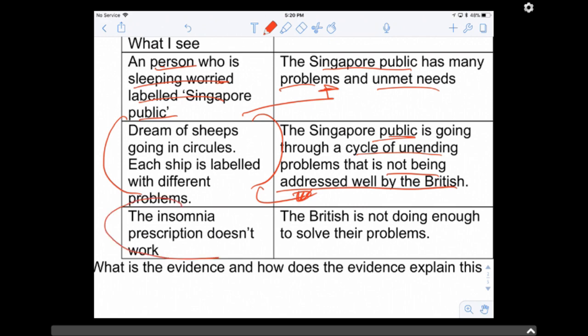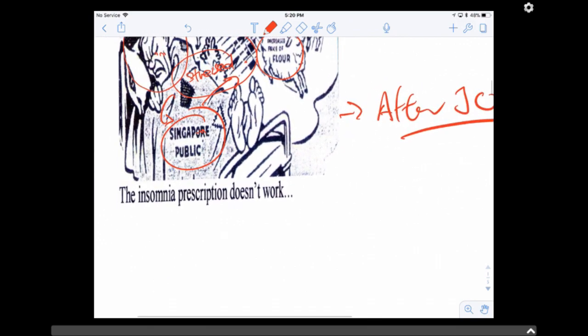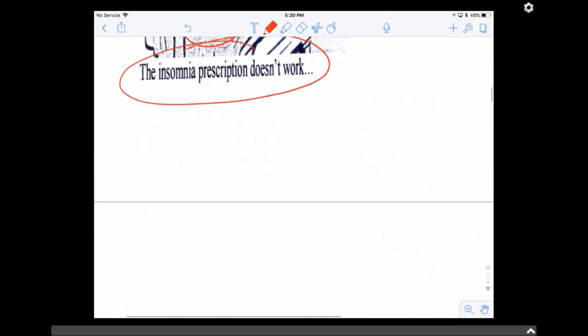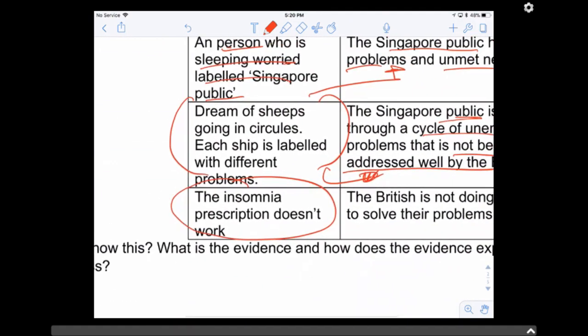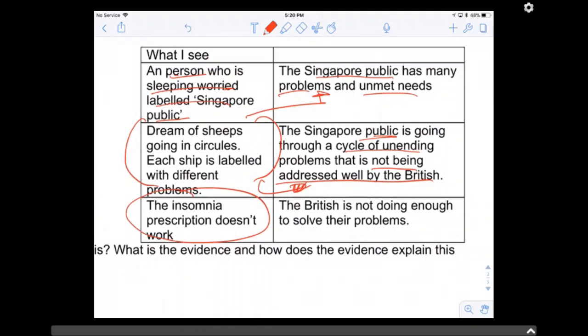And lastly, you see a text that says, the insomnia prescription doesn't work. What does this symbolize? The prescription symbolizes the efforts by the British, and the fact that it doesn't work means that the British are not doing enough to solve the problems of the locals.